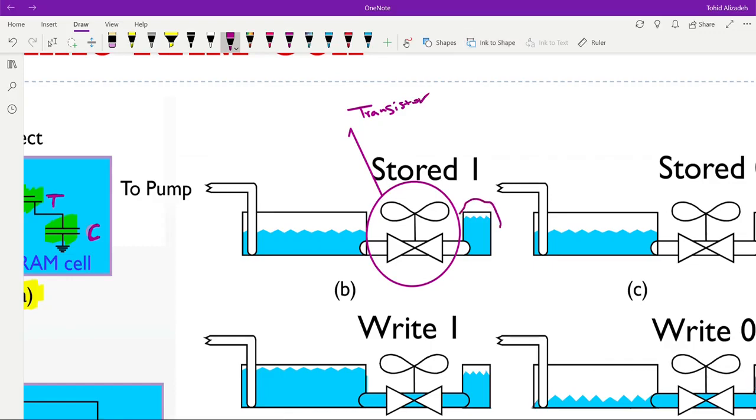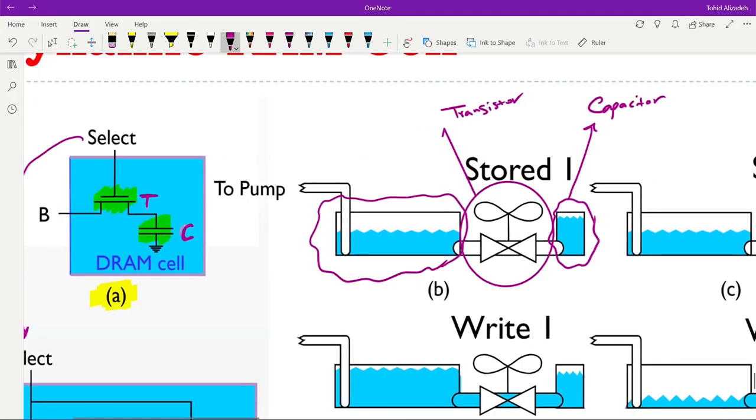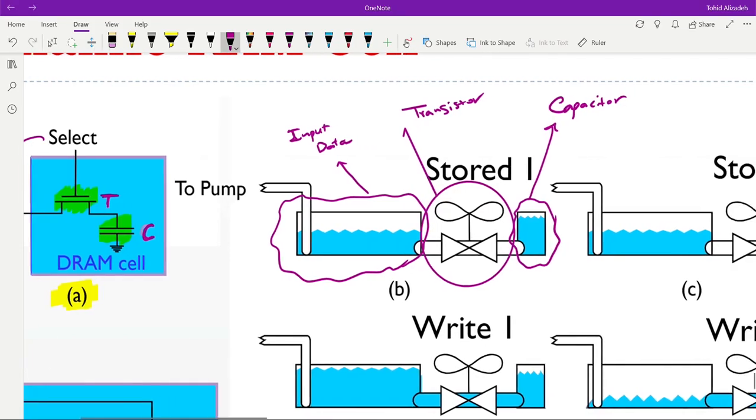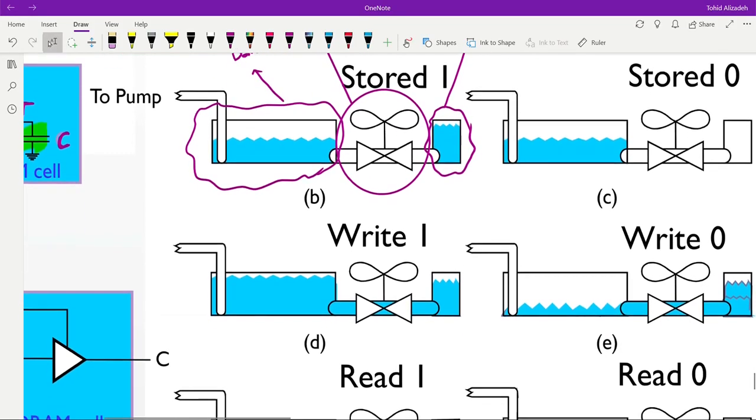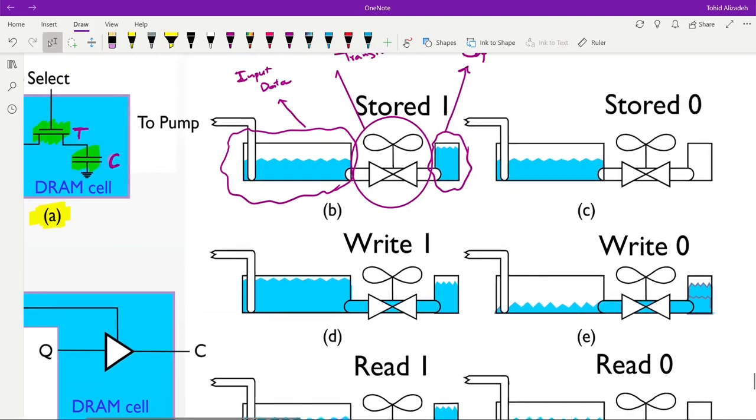The small tank on the right side is used to model the capacitor. And the bigger tank on the left side is modeling our data input, whether it's in the form of 1 or 0. Okay? And this holds for all the parts on the right side.